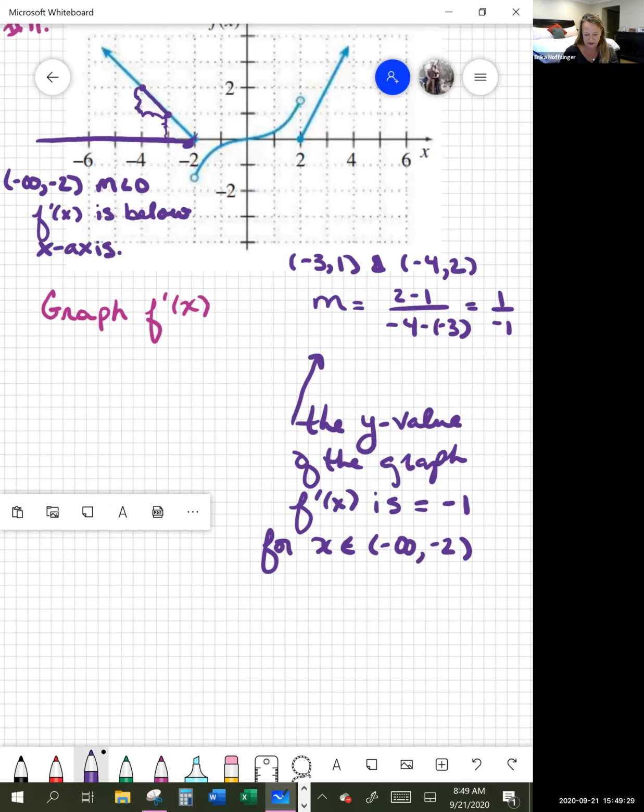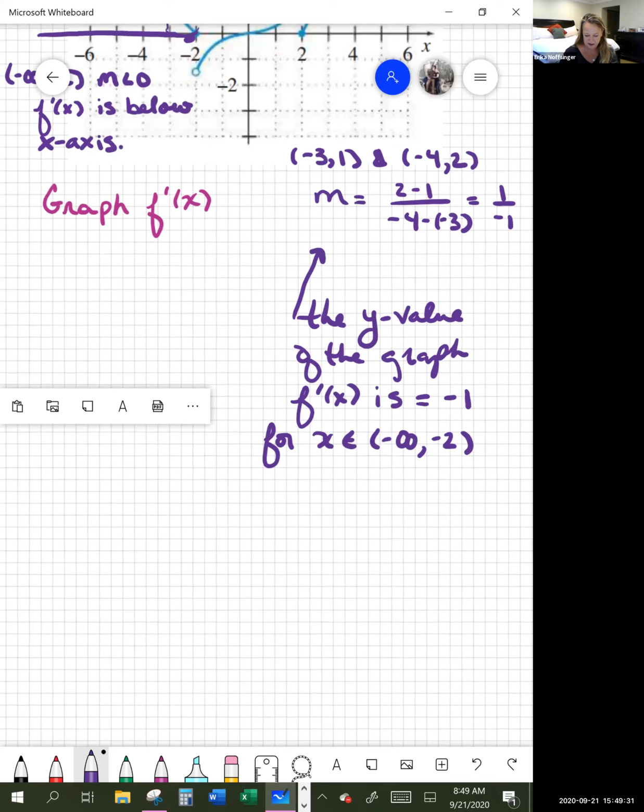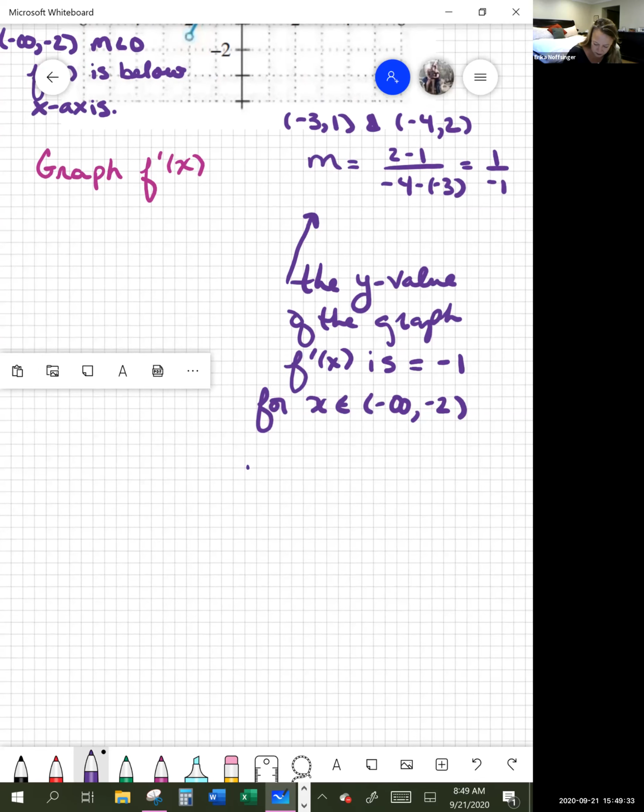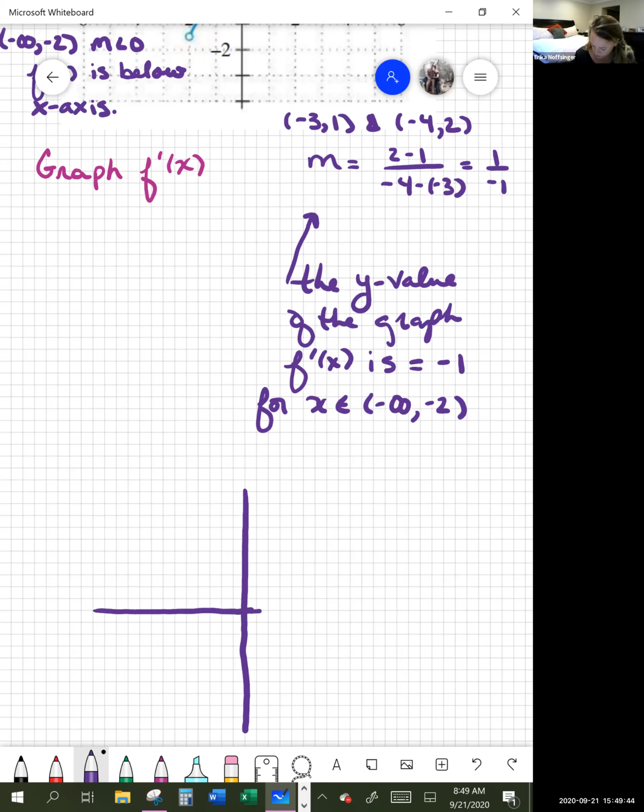Okay, so we can actually graph that real quick. At -2, we have a y value of -1.